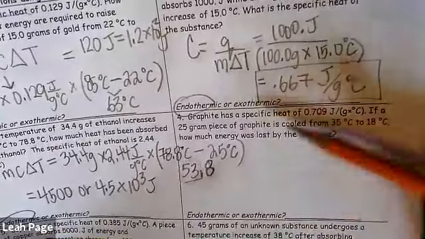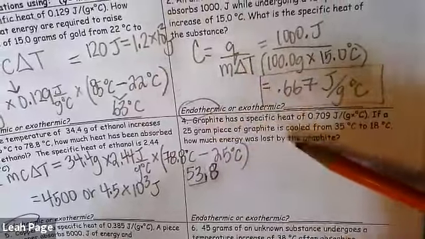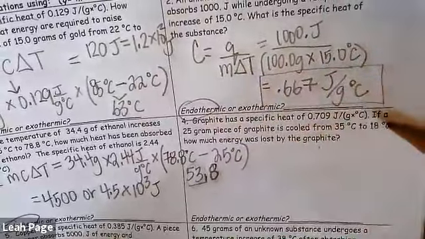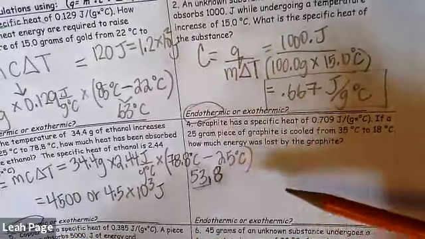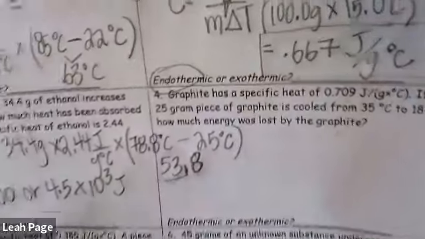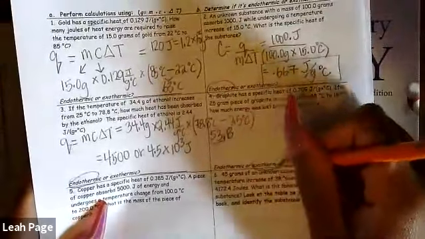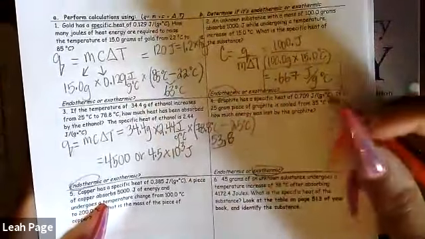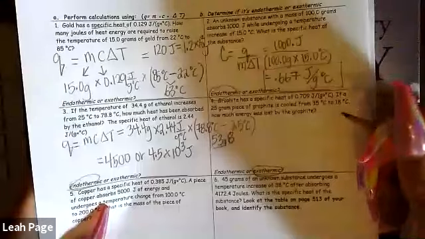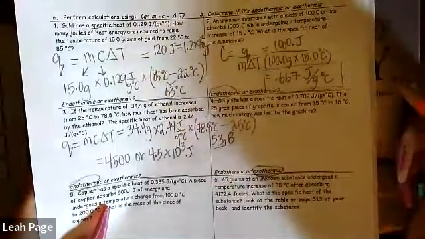It has a specific heat of this number. If a 25-gram piece of graphite is cooled from 35 to 18 degrees, how much energy was lost by the graphite? So first off, guys, tell me, is this an endothermic or exothermic? Exothermic, because we're losing heat or losing energy. So the question says how much energy? So in this case, what are we solving for?